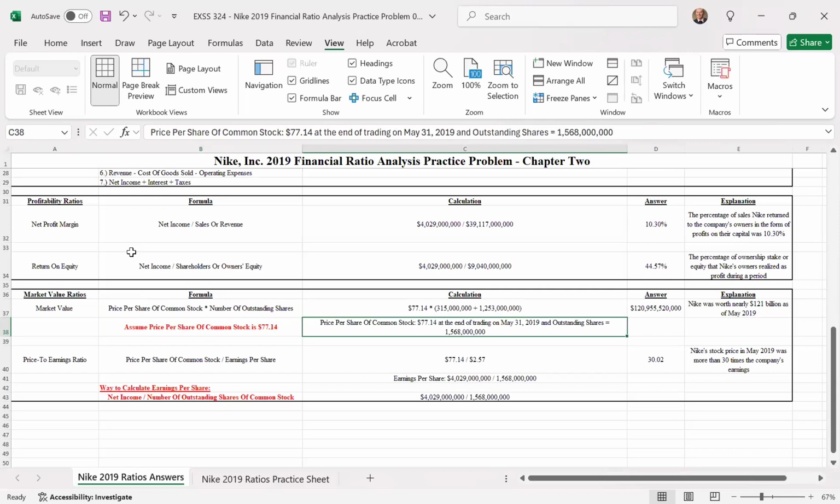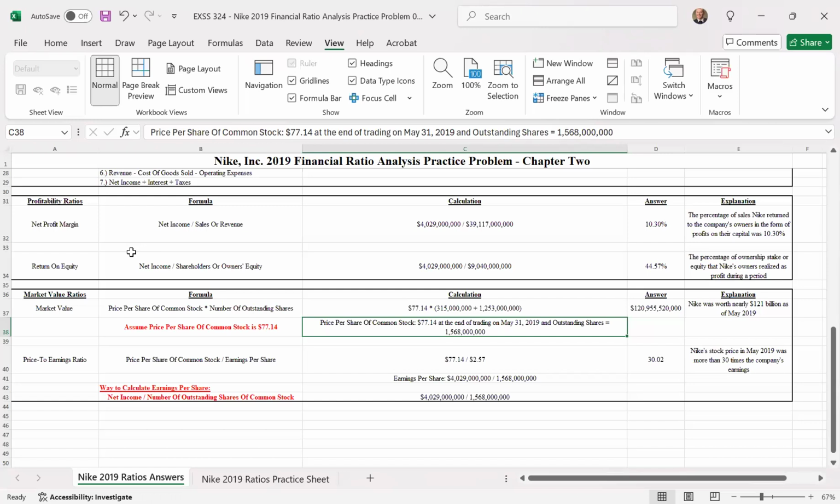And then what you're going to do, you're going to go to your balance sheet and look under stockholders' equity. And in that section, you're going to see a couple of numbers. And the numbers that you're going to pay attention to are as follows: the Class A convertible and the Class B. Class A convertible is going to be 315 and 329 shares outstanding. And Class B is going to be 1,253 and 1,272 shares outstanding.